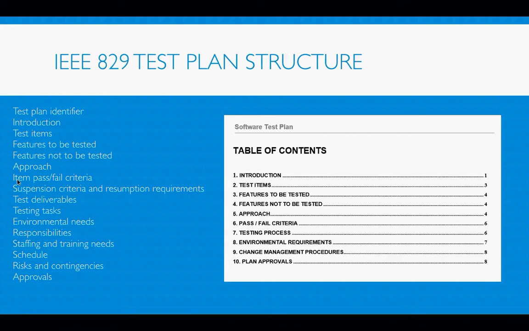And also the schedule, or what is the time range, when do we deliver this particular testing, and what are the risks and contingencies that are required, then approvals also, who should give the approvals for different bits of this document.